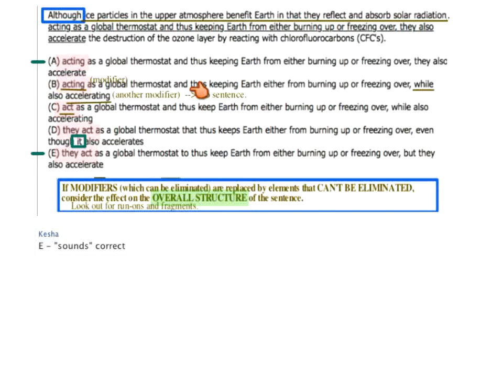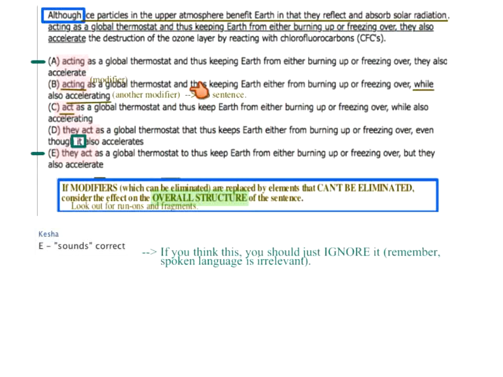It may sound correct, it may not, depends on your ear. But if you think this, you should just ignore it, because remember, spoken language is not relevant here. We're testing the written language.